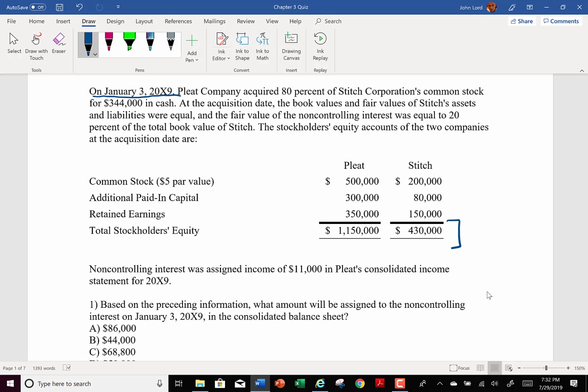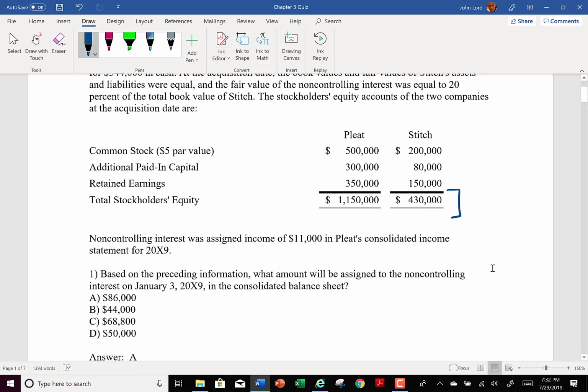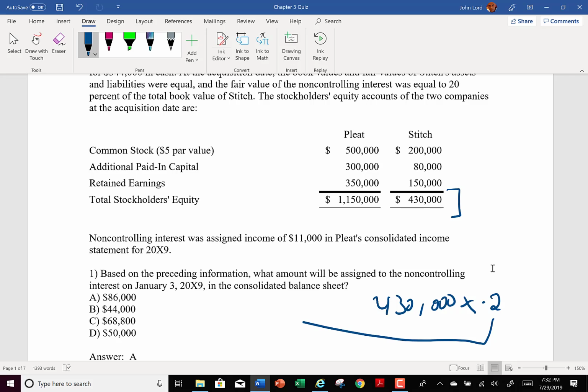So at that time, I would assign 20% of that, 430,000 times 0.2, which gives me 86,000. Choice A.